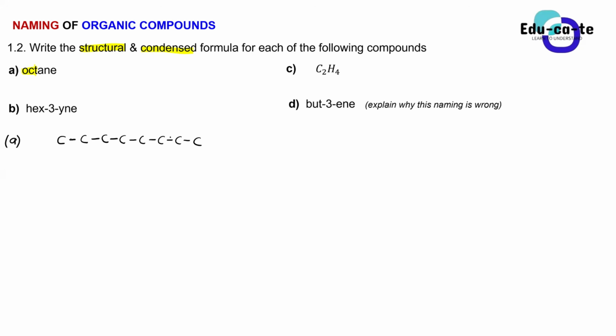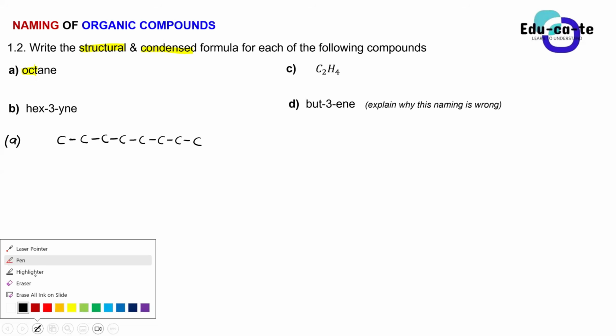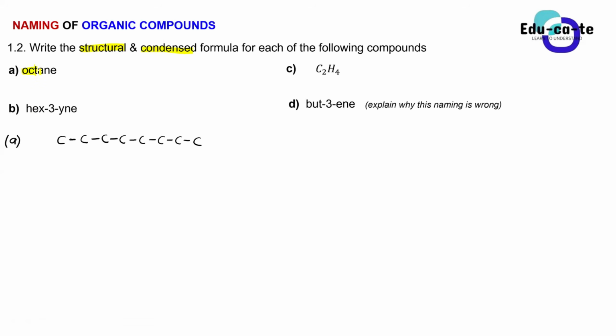And we join them using single bonds only, because this is an alkane, because this is octane. At the end of the name, the A tells us that this is an alkane. So there must be single bonds between carbon atoms. But guys, remember, an alkane is a hydrocarbon, and each and every carbon must have 4 bonds in total. So you need to fill up their bonds using hydrogen atoms on each and every carbon to make your octane.